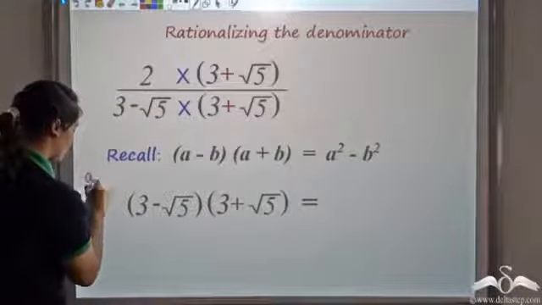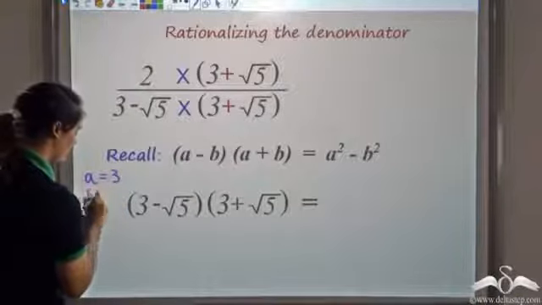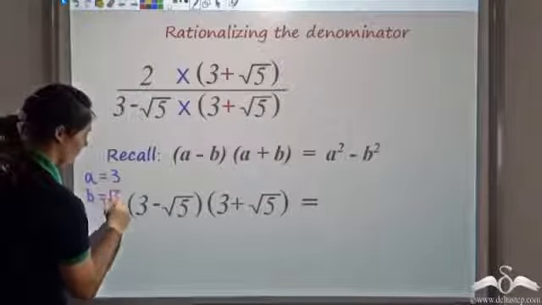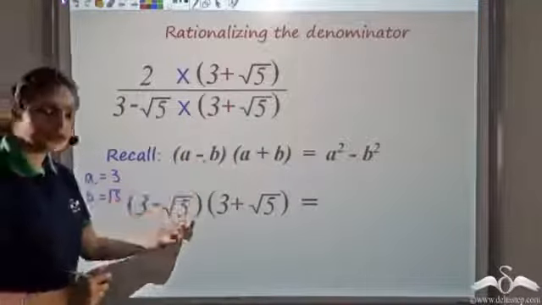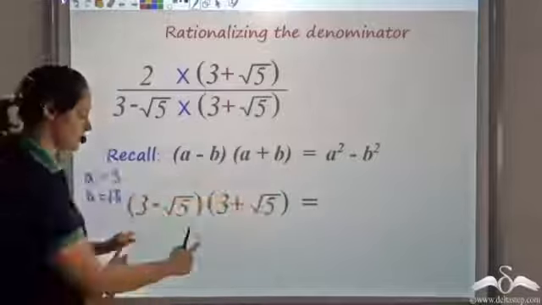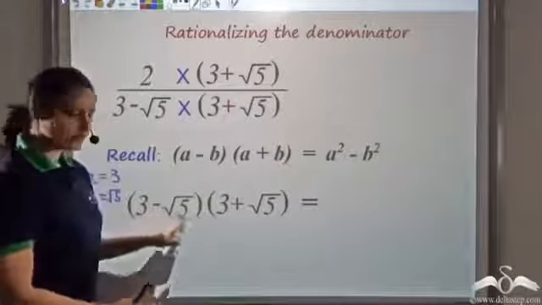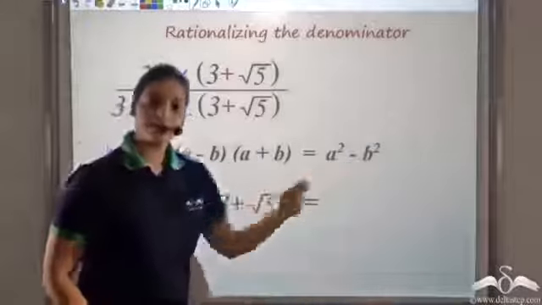Then 3 minus under root 5 times 3 plus under root 5 is a minus b, a plus b. So this would be equal to a square minus b square.